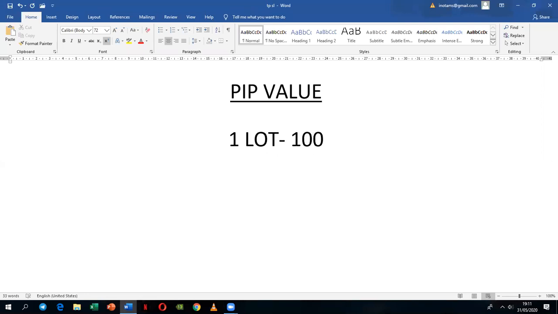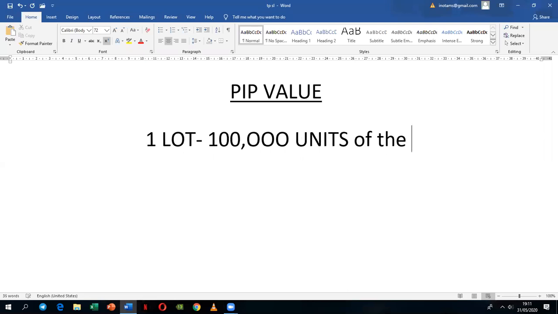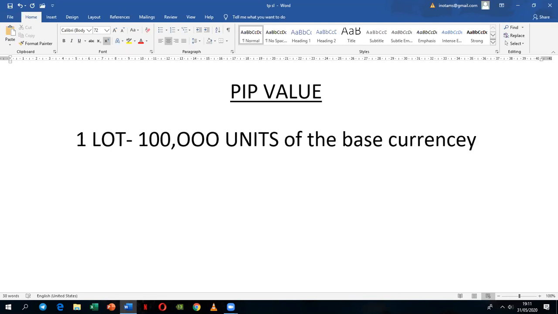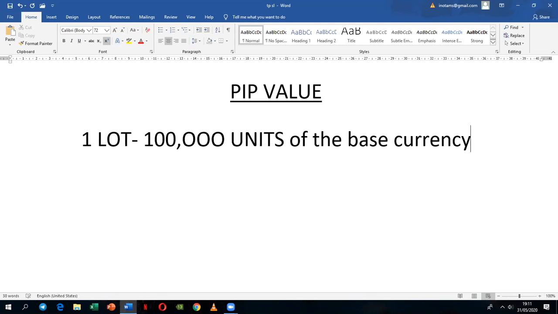One lot represents 100,000 units of the base currency.